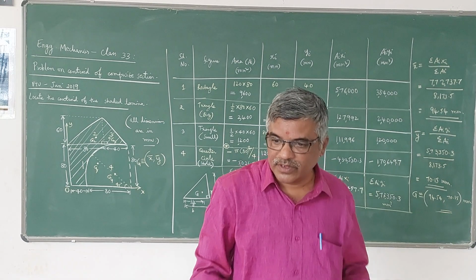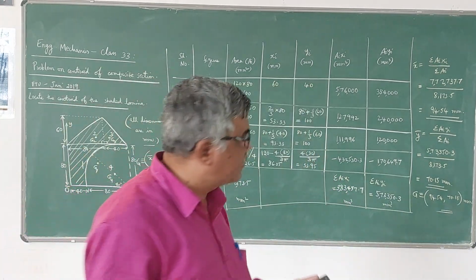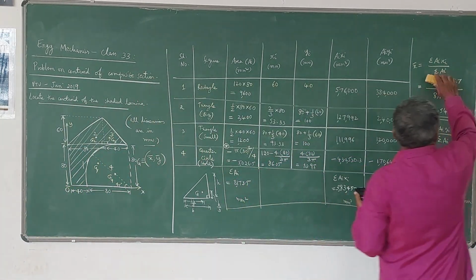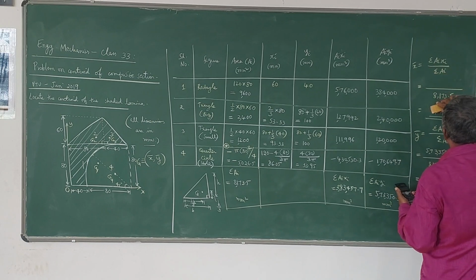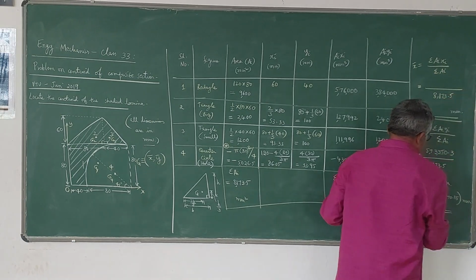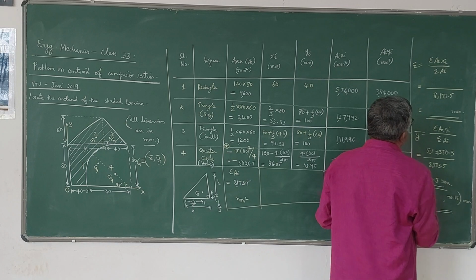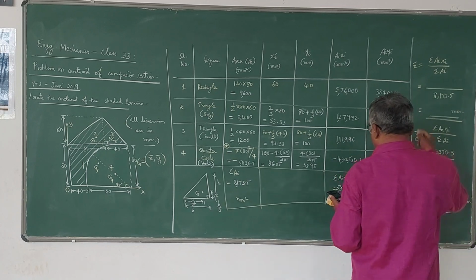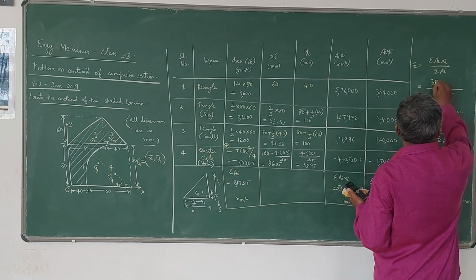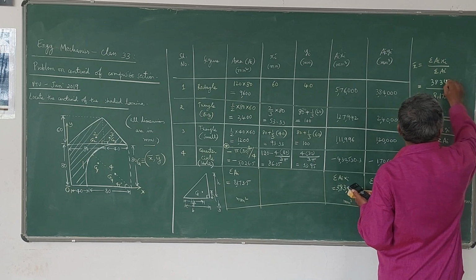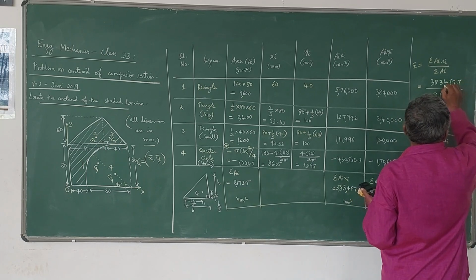Now this x bar value will change. So sigma ai xi is different now. X bar value will change. So sigma ai xi is 383457.7.